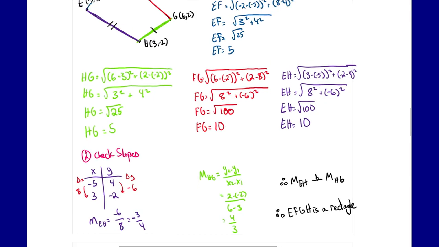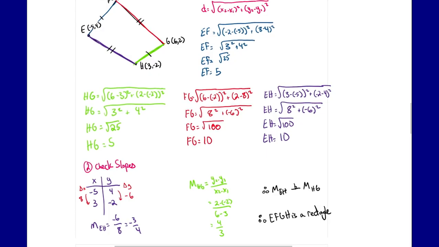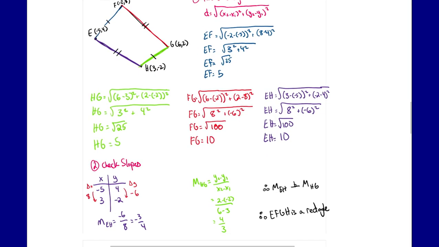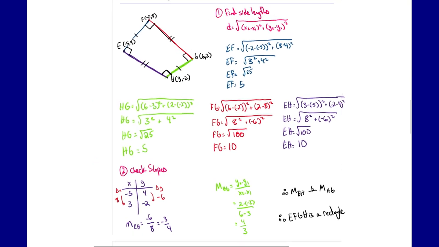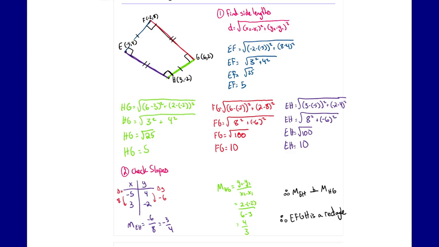So we've proven that the opposite sides are equal, and we've proven that two adjacent sides meet at 90 degrees, meaning that all the other ones would have to meet at 90 degrees as well. So it's just, again, about using the slope, midpoint, length of a line formulas to prove some of these statements. Now, we didn't use midpoint in this case, which is fine, right? But we did use length of a line, we did use slope.